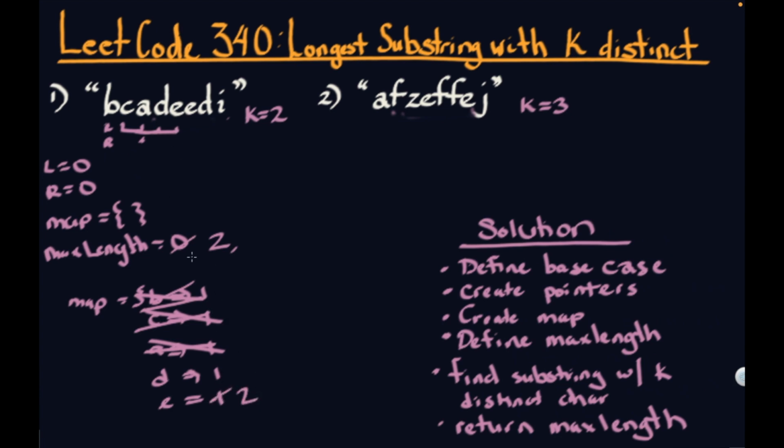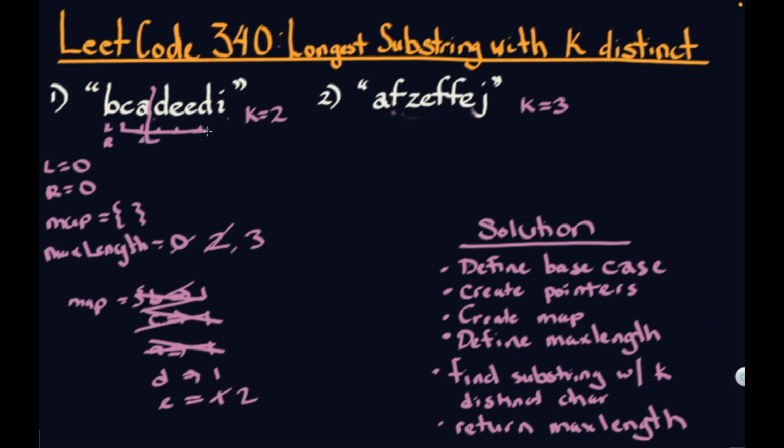It's 2 values, and now that we've done that, we're going to see that our max length for a substring with k distinct characters is from this D to the current E that we're at right now. And then we're going to just update the length to 3, right? Because it's greater than this 2, which we were finding before.